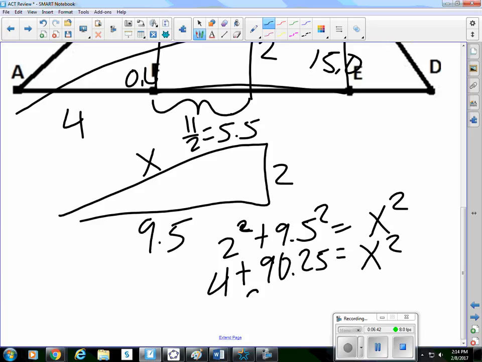And so we have 94.25. Take the square root of that. That says 9.5. So, nope, sorry. 9.7. So that length is 9.7.